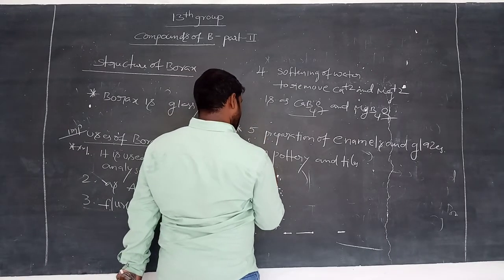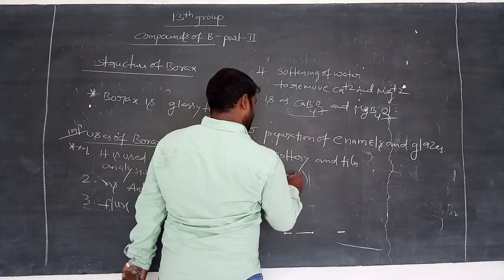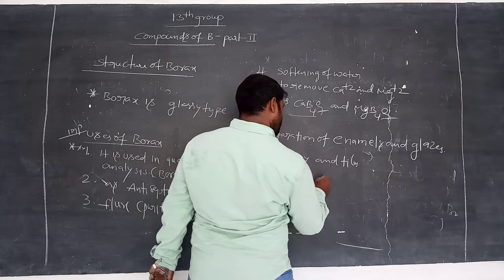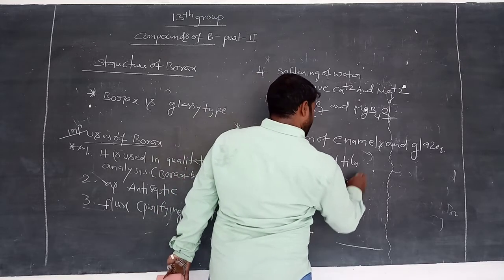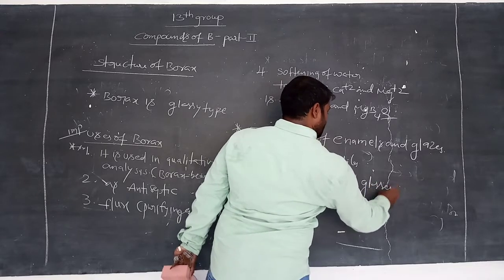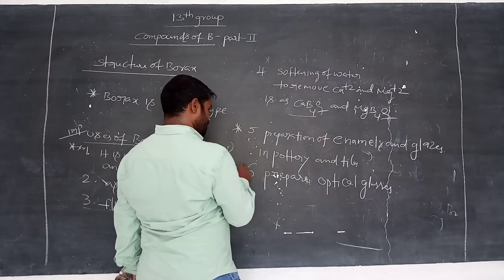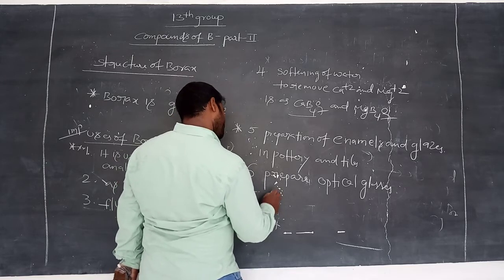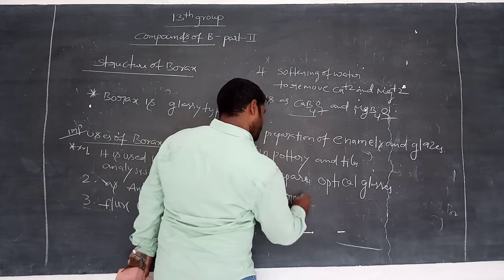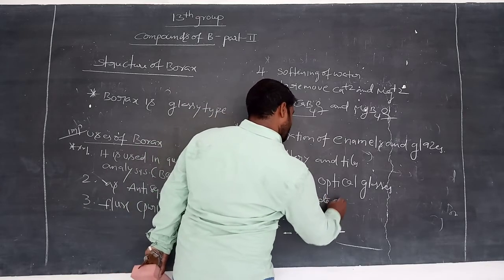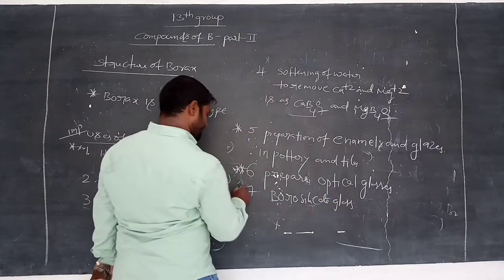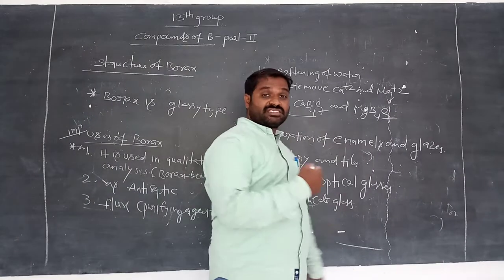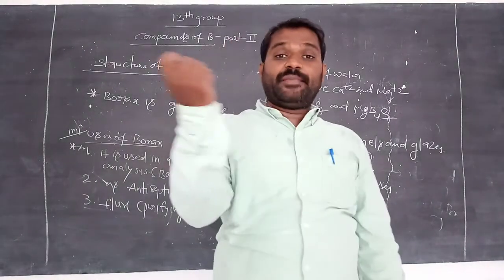And we can prepare, by using borax, optical glasses, and also borosilicate glass. Borosilicate glass is used in preparation of laboratory equipment.